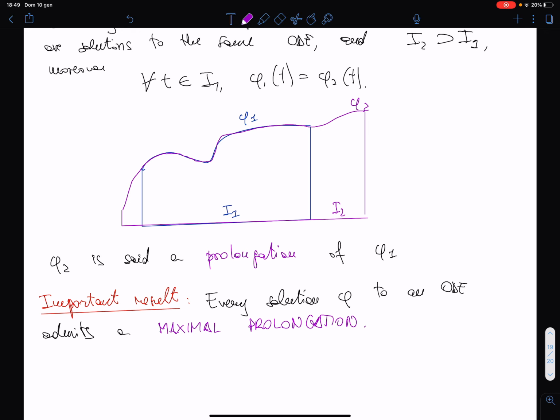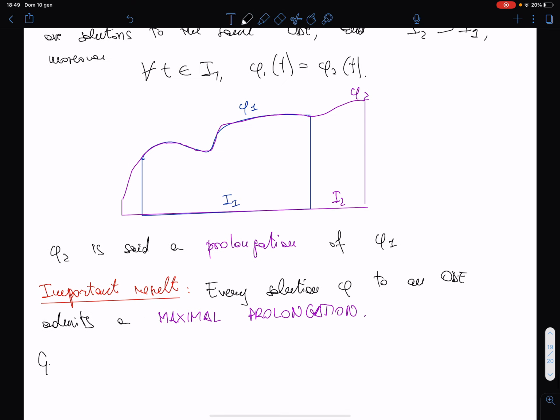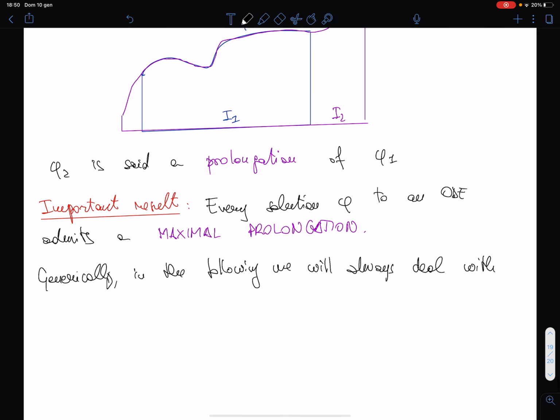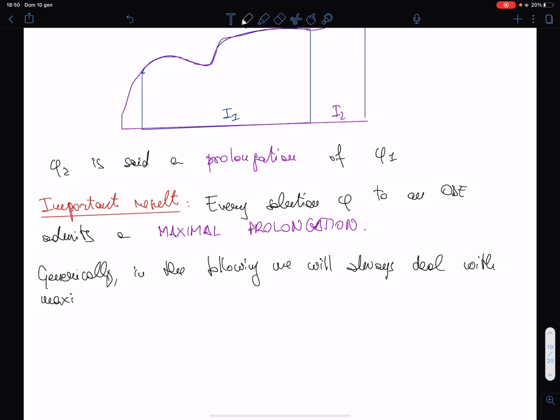So generically, the following will always deal with maximal solutions, namely solutions that cannot be further prolonged.